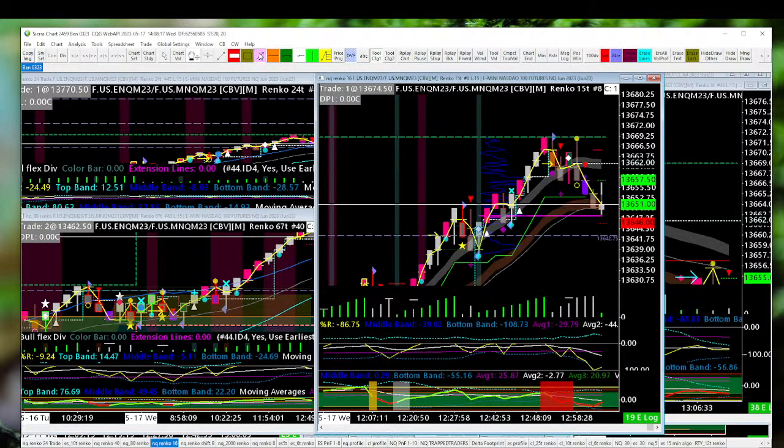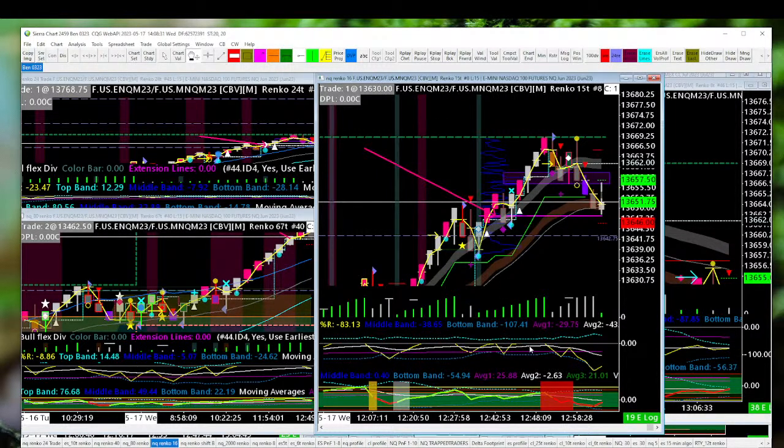Most of the volume happened here, and then there was a high volume area up here that is acting as resistance, and that high volume area is basically right here on the indicator. We came up, we rejected, and now that level is resistance.